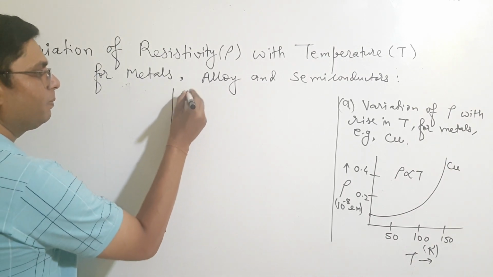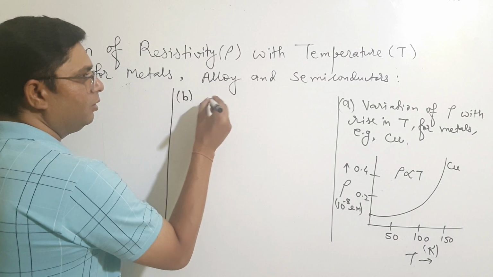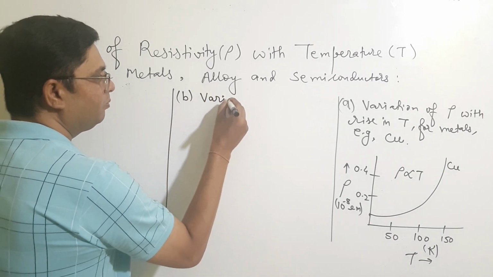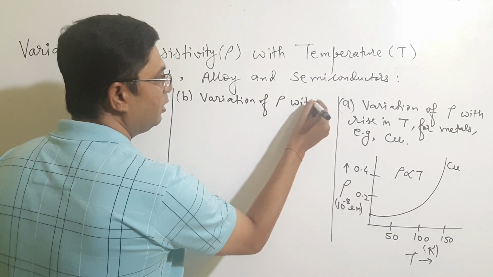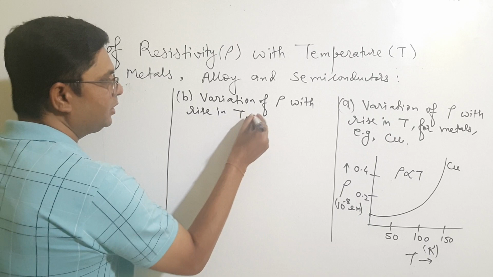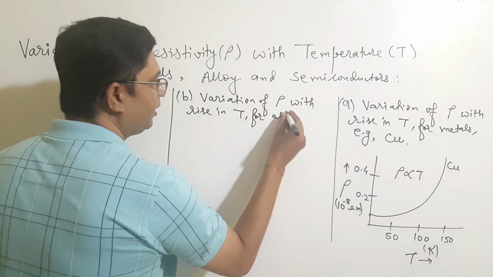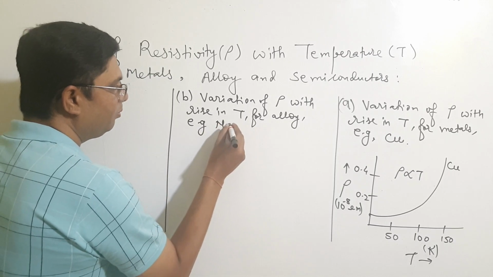Number B, take the example for alloy. So variation of rho with rise in temperature for alloy. Example, nichrome.